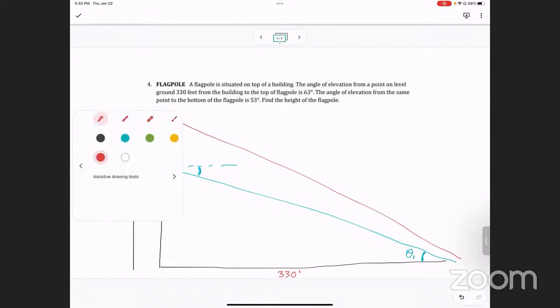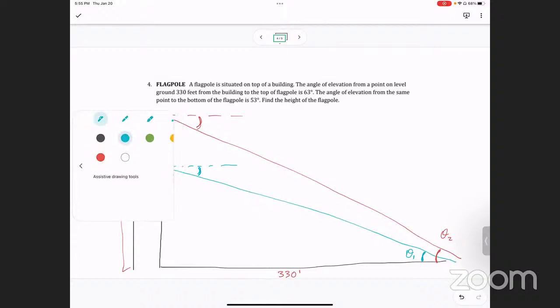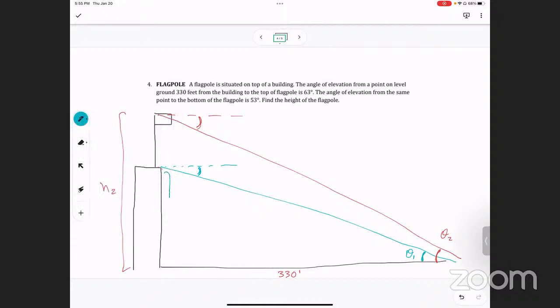And then the red one, that angle is the same as this angle down here, and we'll call that theta 2. So then theta 1 is going to be 53 degrees, and then theta 2 will be 63. So we'll call this H2 up here, and we'll call this H1 right here.